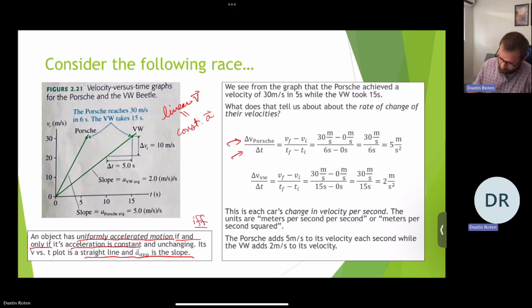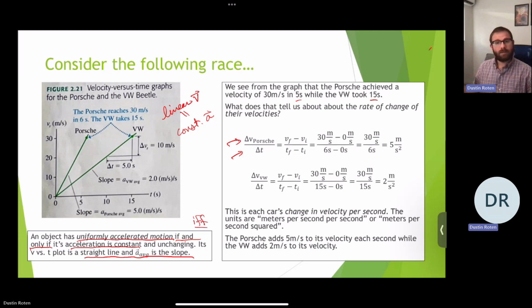Okay, so we see from the graph that the Porsche achieved a velocity of 30 meters per second in only 6 seconds, while the Volkswagen actually took 15 seconds. All right, now we can do some calculations with this. So what do these values actually tell us about the rate of change of their velocities?